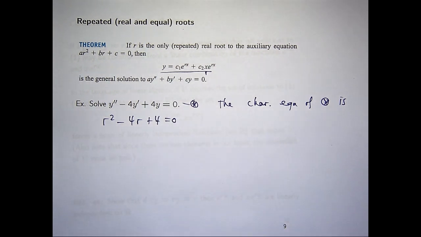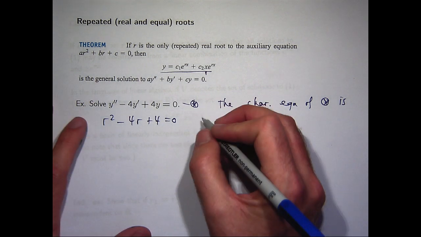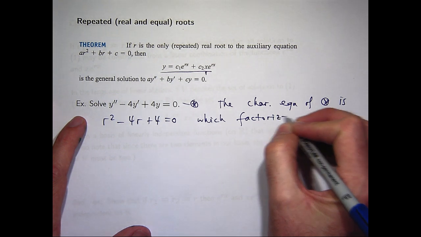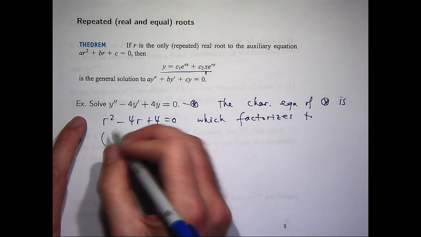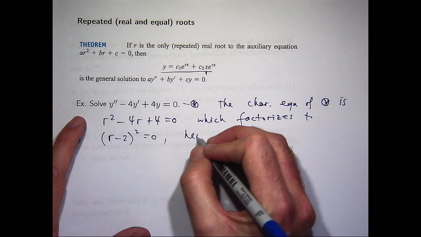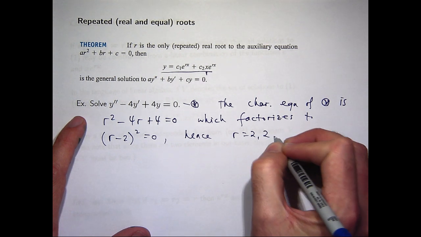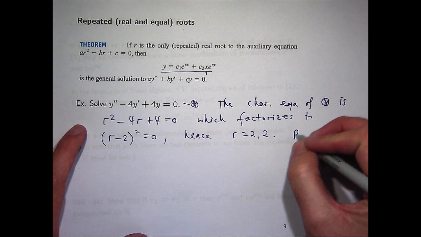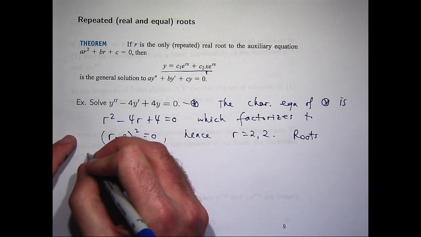Now I can factorize that, something like this. So I get a repeated root. Well, that satisfies the conditions of that theorem, so I can write the general solution as the following.